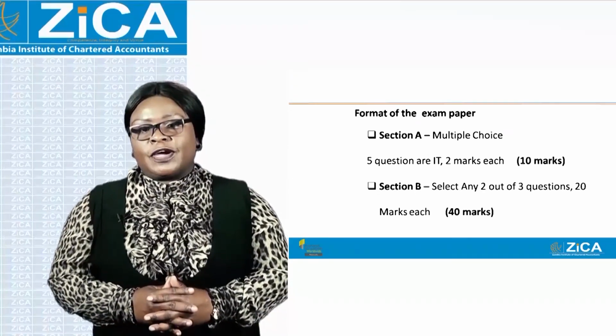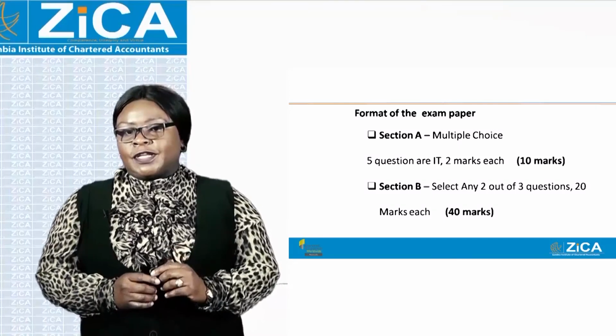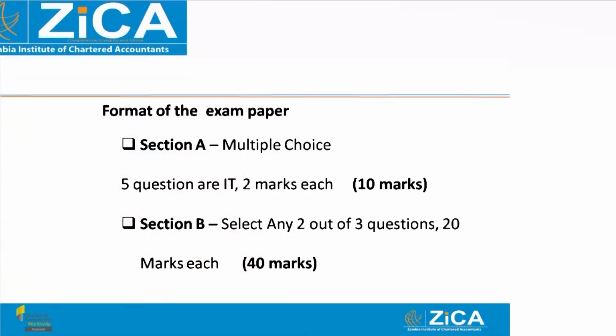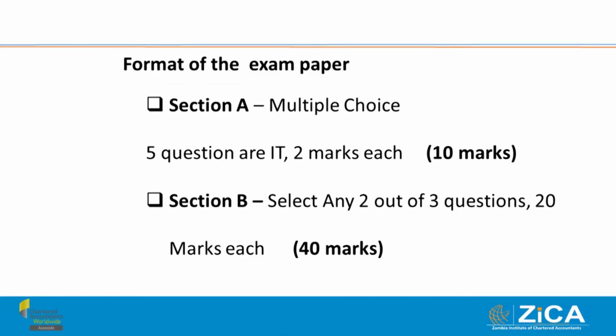So in total, you have 40 marks from Section B. So the entire paper, as I earlier explained, the weight percentage of IT is 50%, 10% from Section A, 40% from Section B. The remaining 50% is awarded towards communication skills.